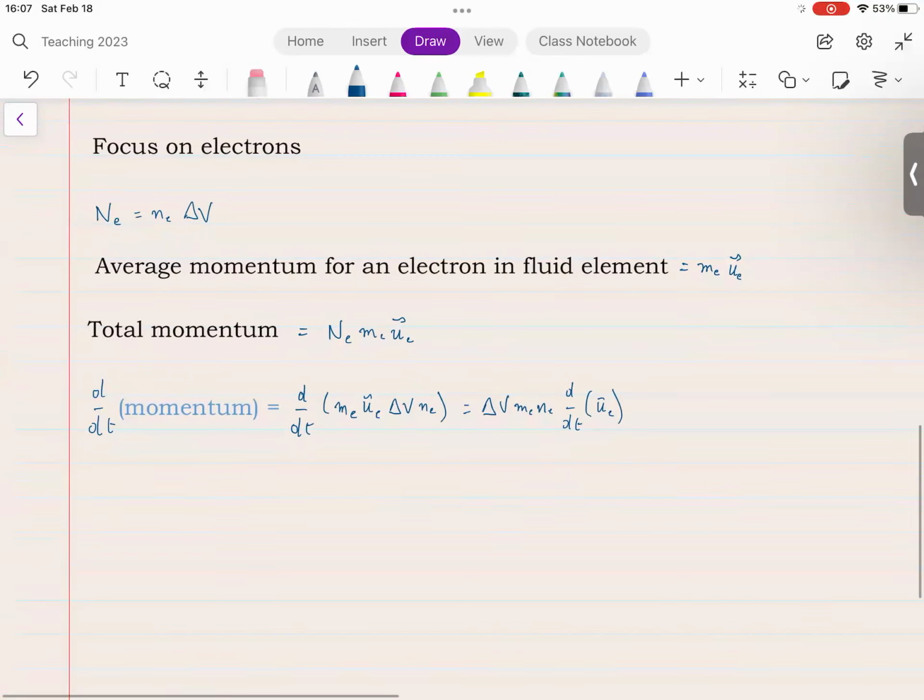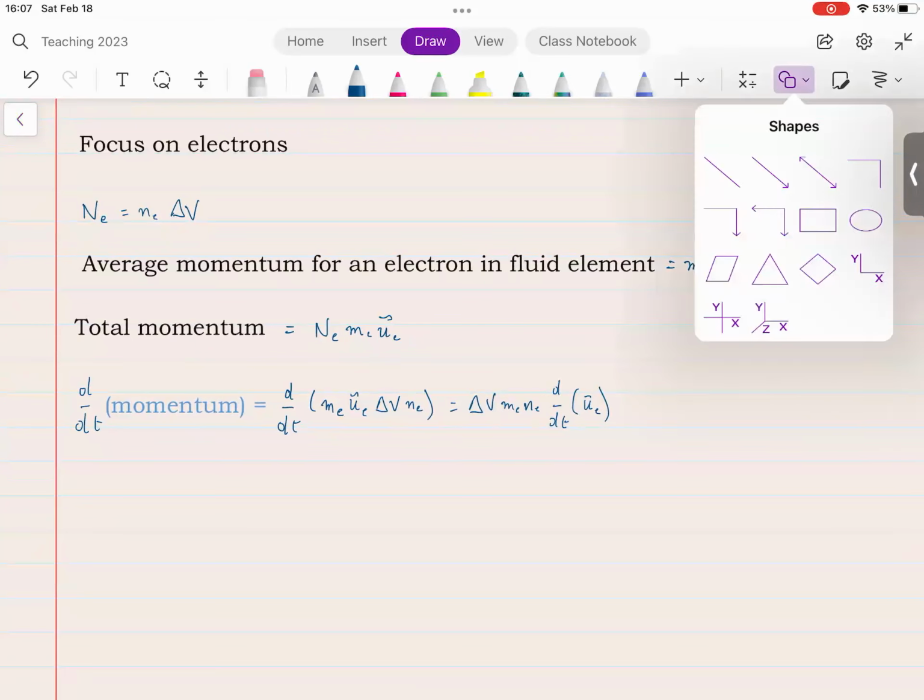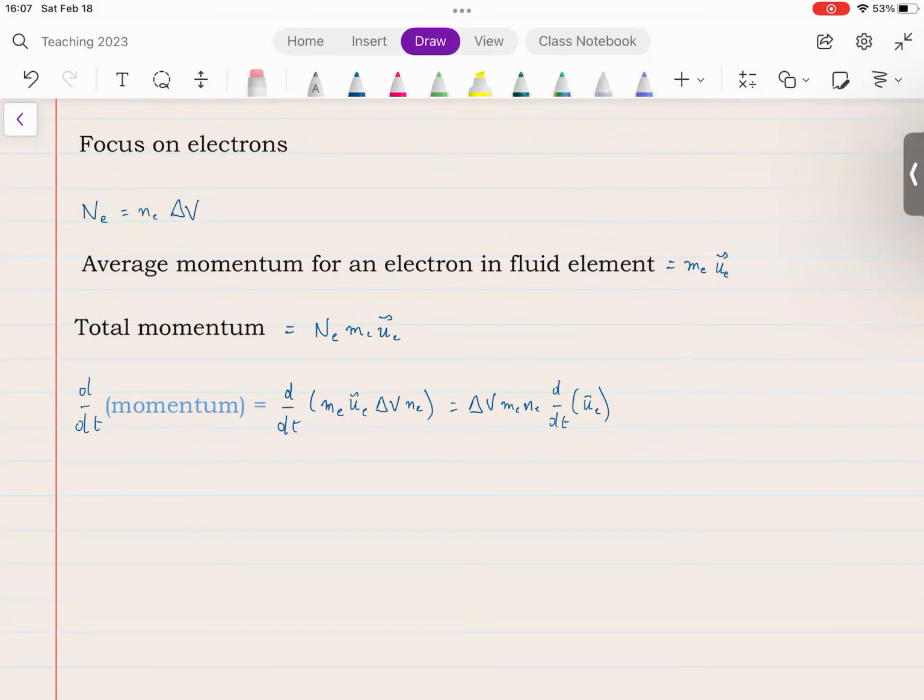Now let me write this underneath. The one on top is my Eulerian description. I'm sorry, the one on top is the Lagrangian description. I'm going to transform this into the Eulerian one.